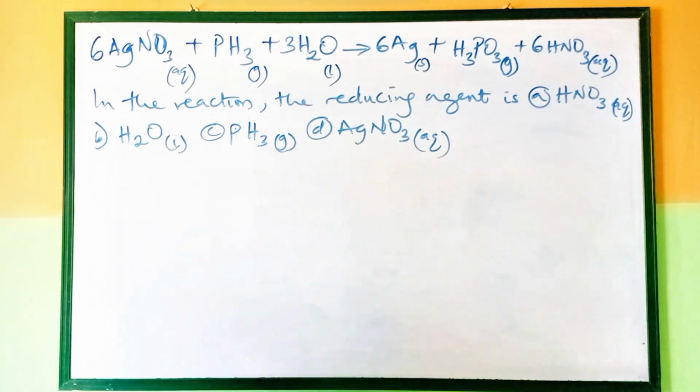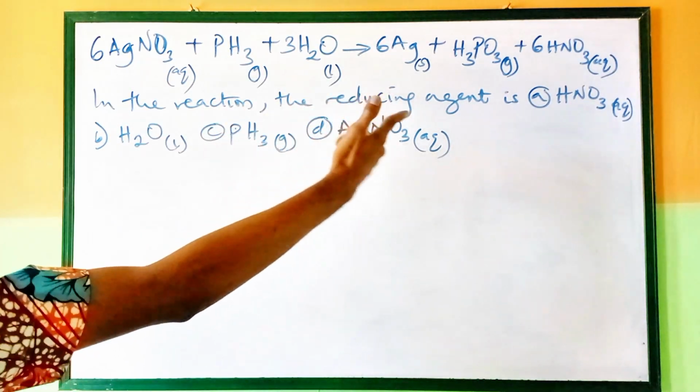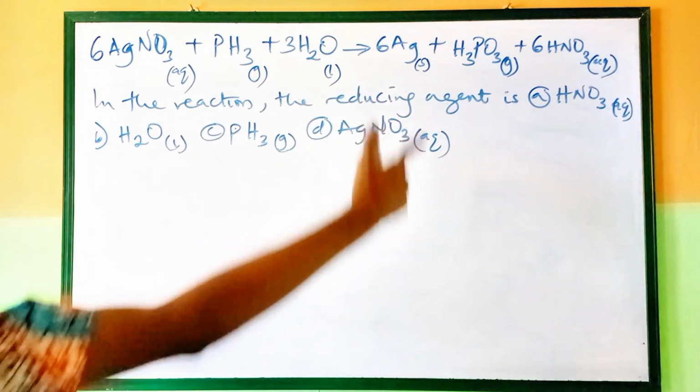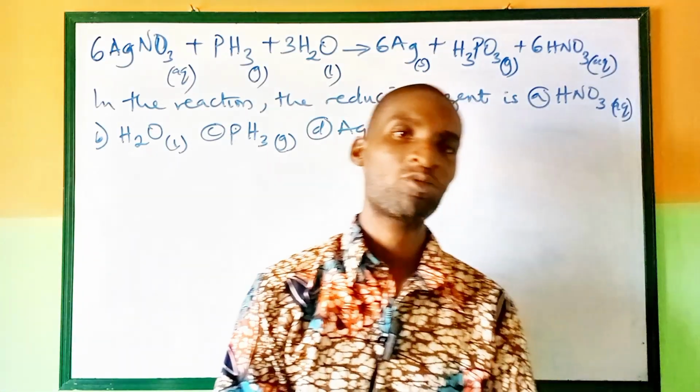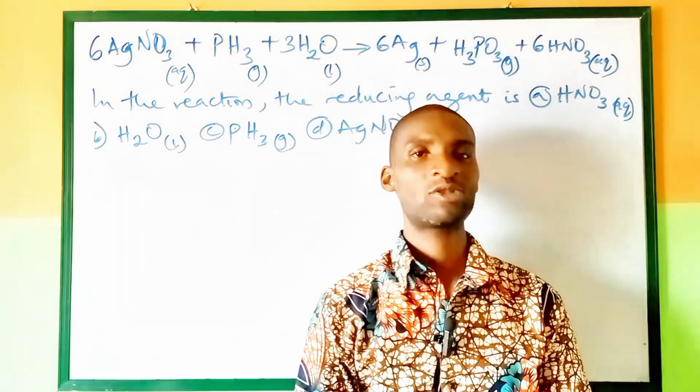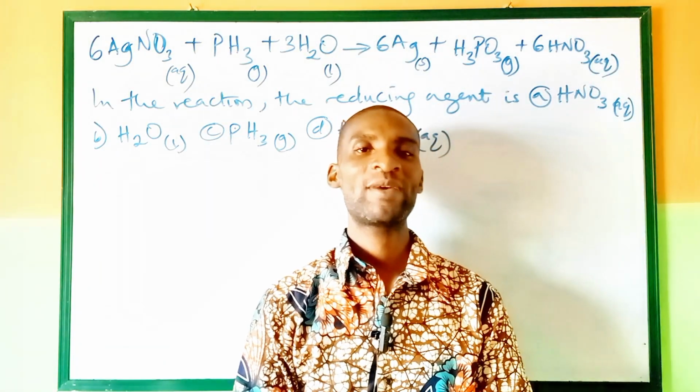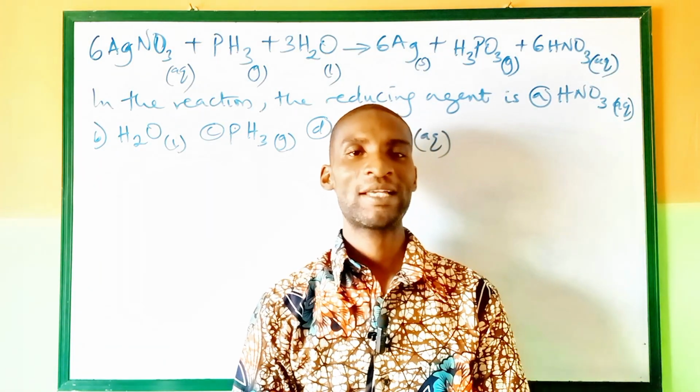And you were asked to find in the reaction the reducing agent is dash. So which of these is the reducing agent? I want to believe you will be able to attempt this question. So go to the comment section and drop your answers there.